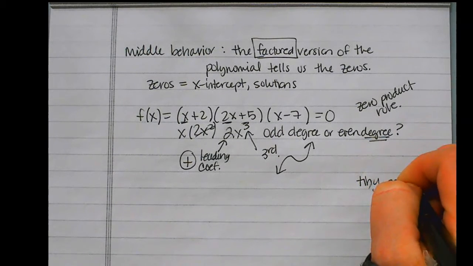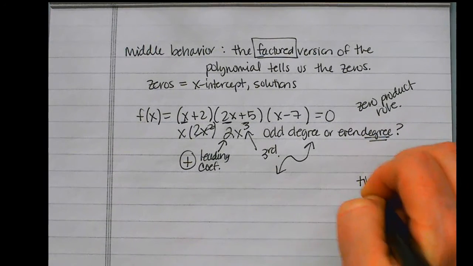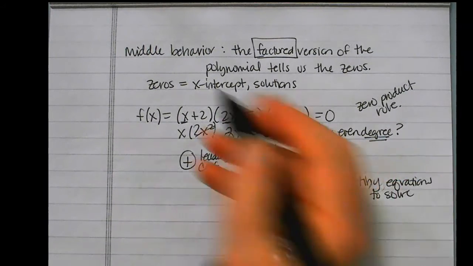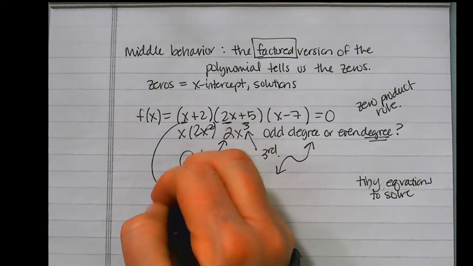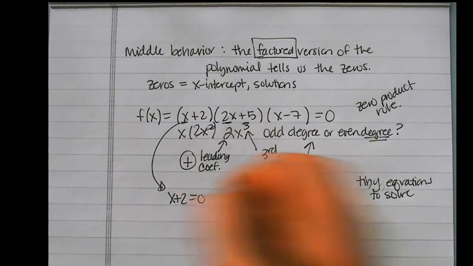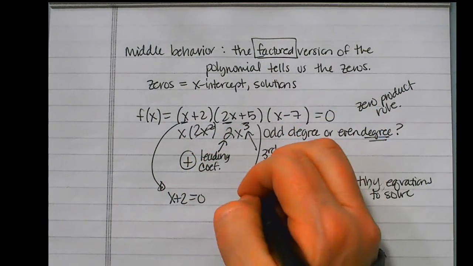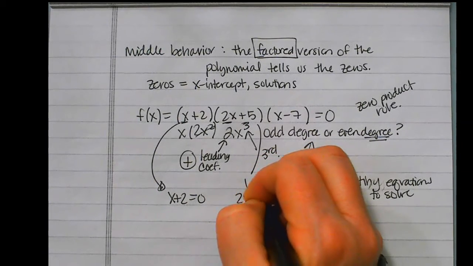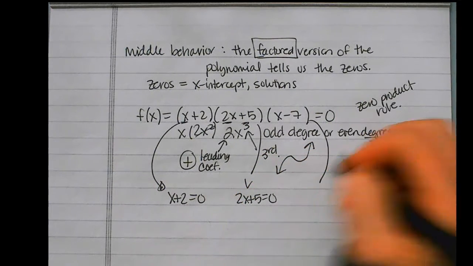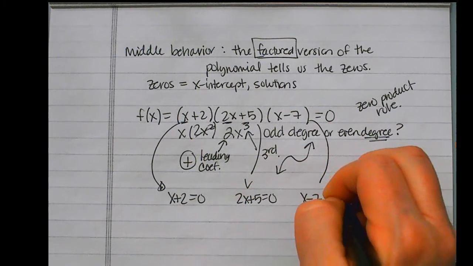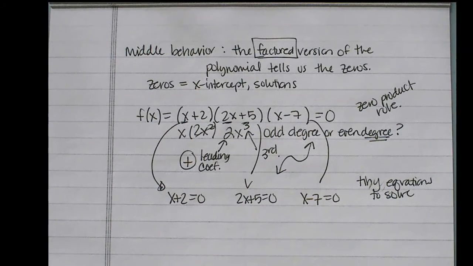Meaning I can say x plus 2 equals 0 and 2x plus 5 equals 0 and x minus 7 equals 0, and that will tell me about middle behavior.